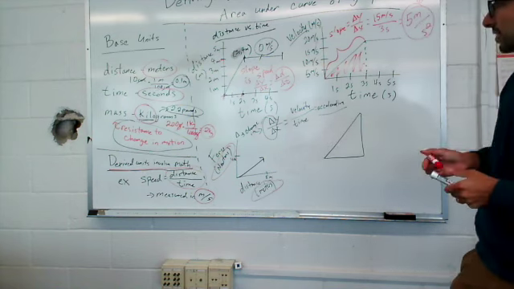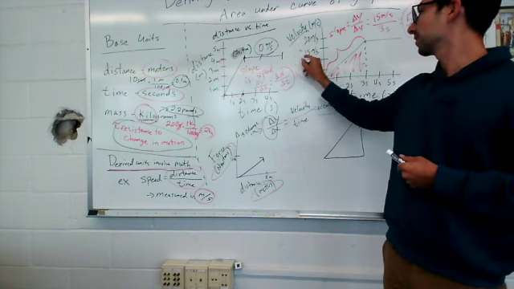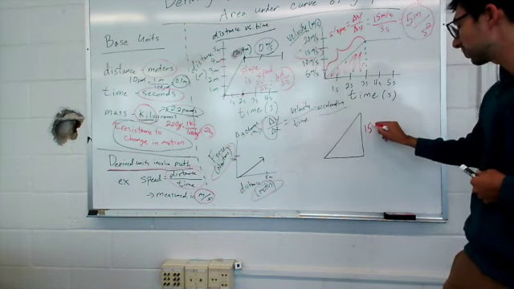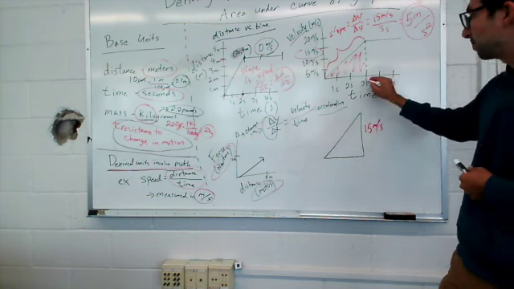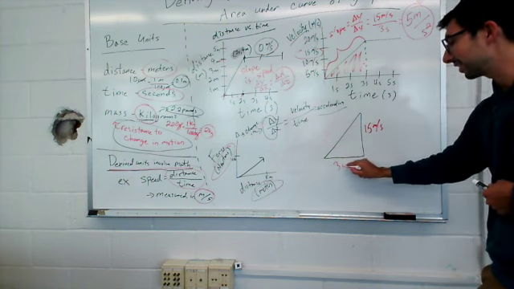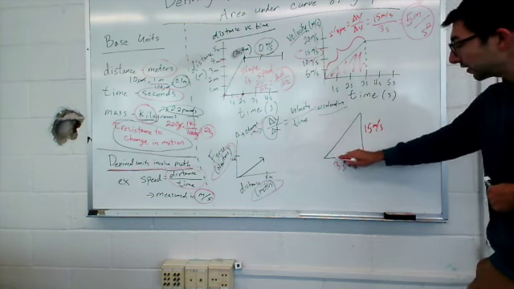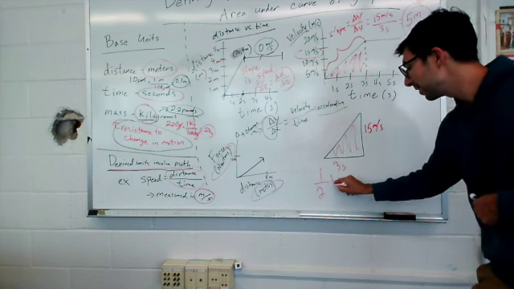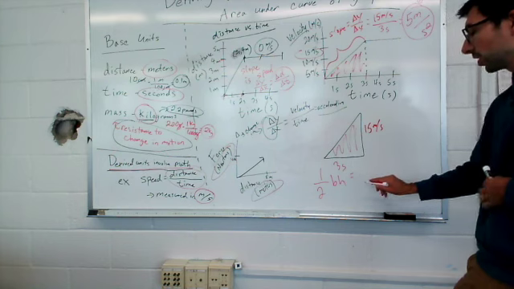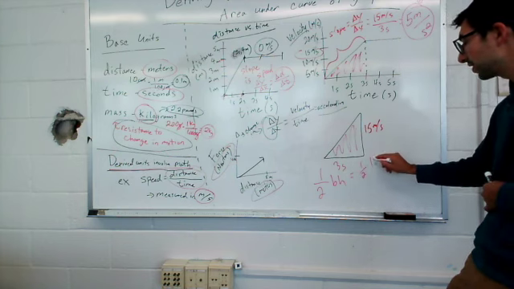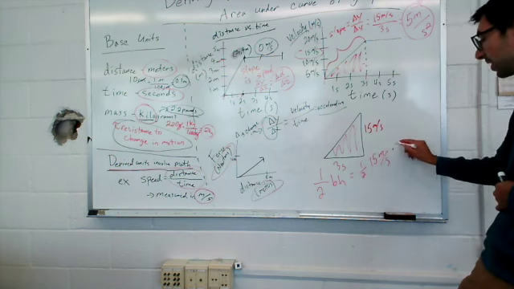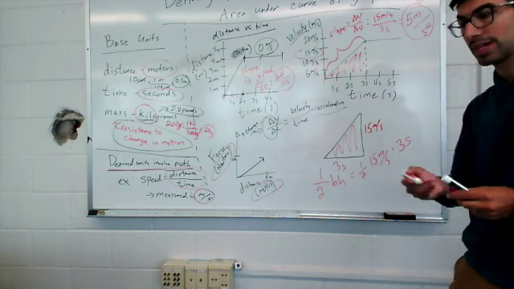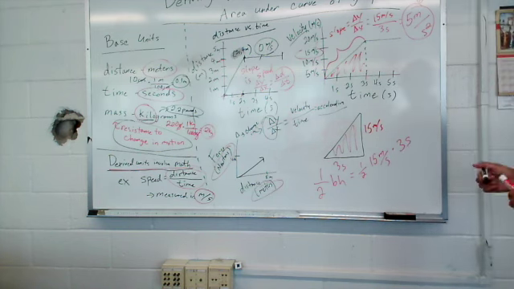This triangle has a height of 15 meters per second. So we have 15 meters per second as our height. It has a base of 3 seconds. I could find the area inside this triangle by doing 1/2 base times height, which here would be 1/2 times 15 meters per second times 3 seconds. Take a look what happens when we multiply this out.